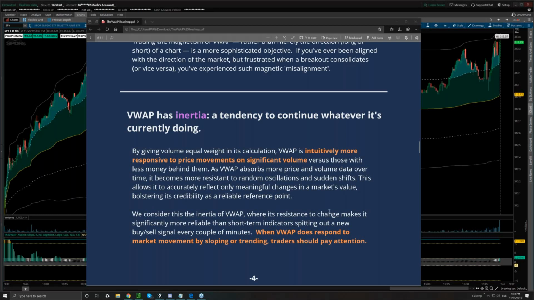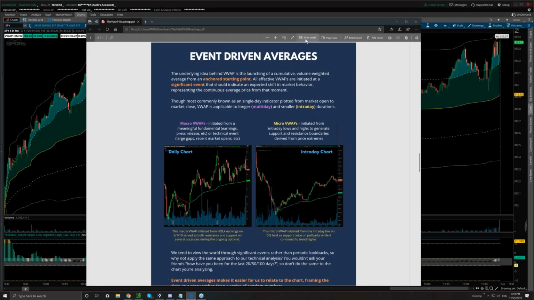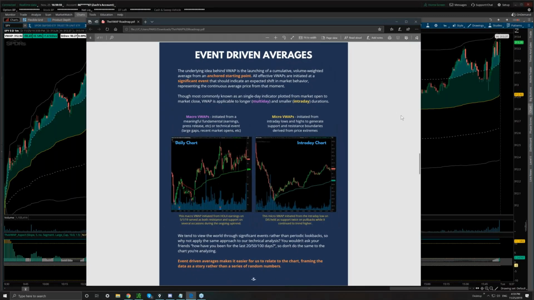So later in the document, we start talking about event-driven averages. Event-driven averages, or anchored VWAPs, as other people have called them, are launched from points of the chart that are not necessarily the start of a trading day. As you can see here, this applies to both intraday and daily charts.